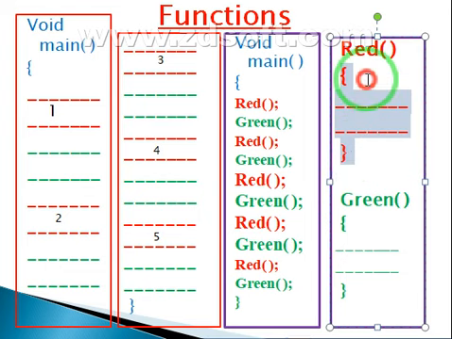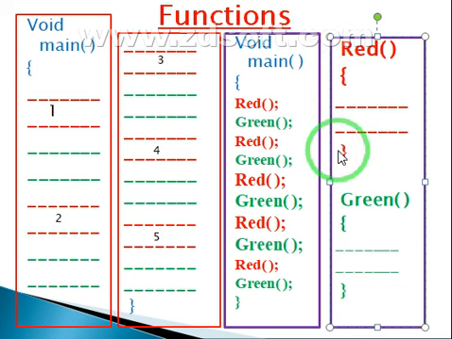Then I gave a name to that block of code. Block means a set of programming lines, and that particular block is indicated by the open and close braces.